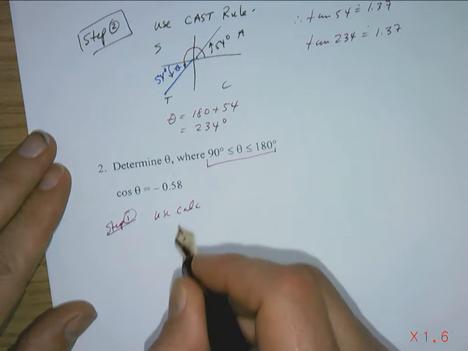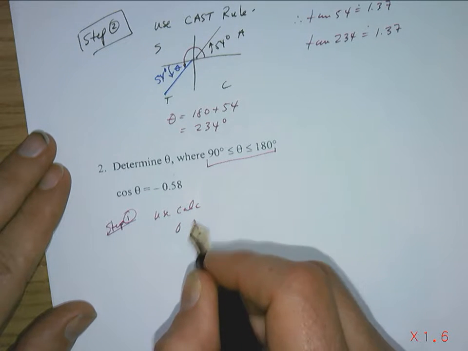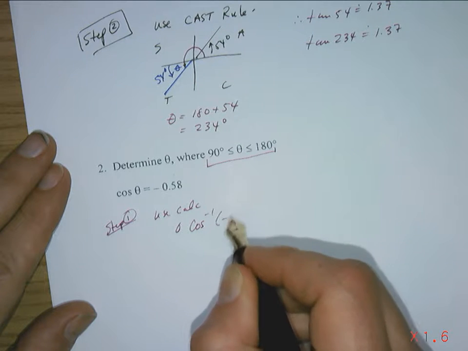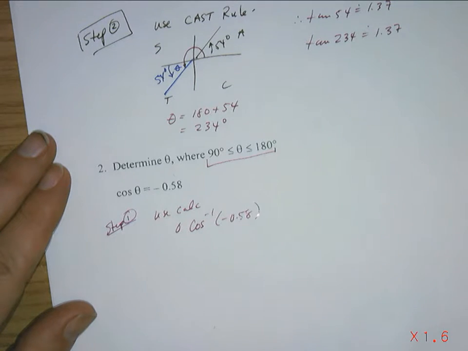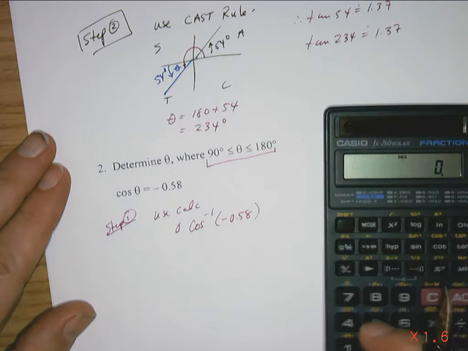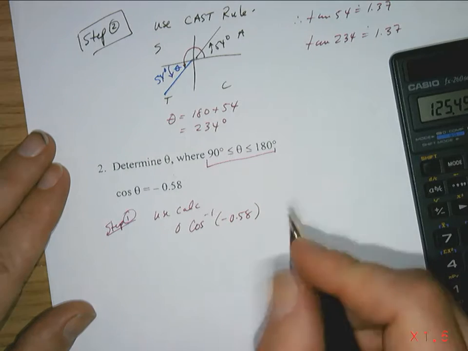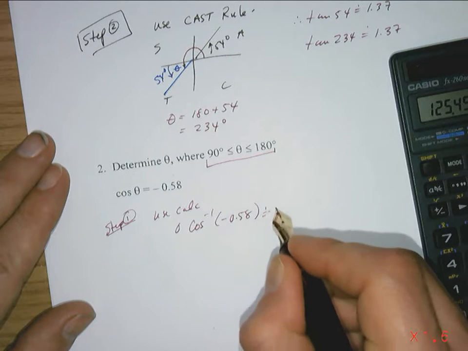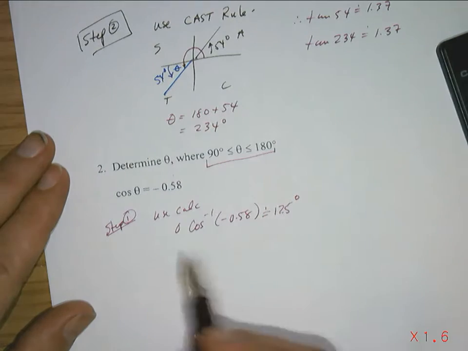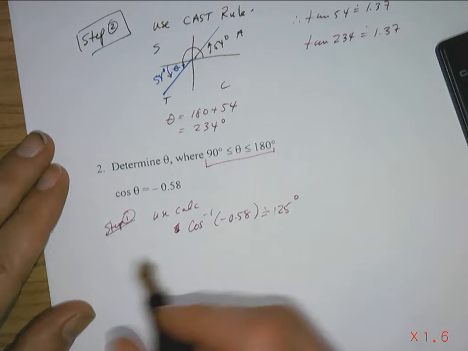So we're going to use cos inverse negative 0.58, and that's going to give us 0.58 negative, second function, cos, 125. Okay, so that's your first answer. Step 2.